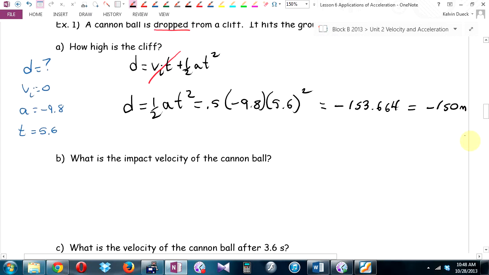What's B asking me to find? Which velocity? It's asking me to find the final. Now, I don't need to relist all my data since I put it right up here.